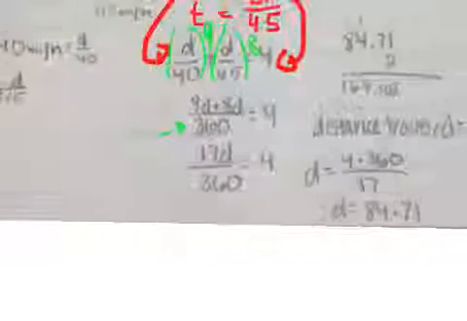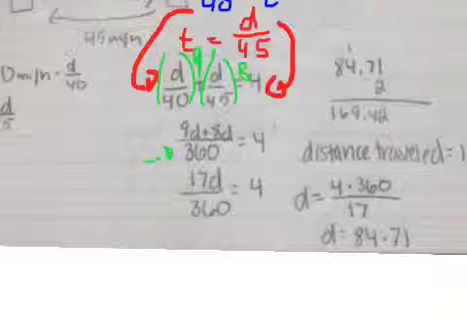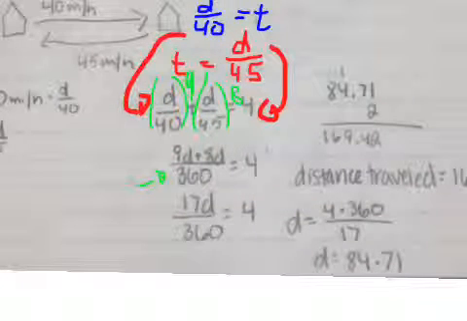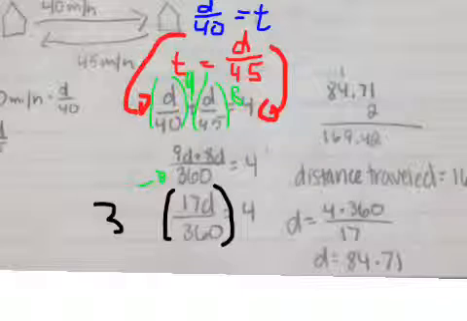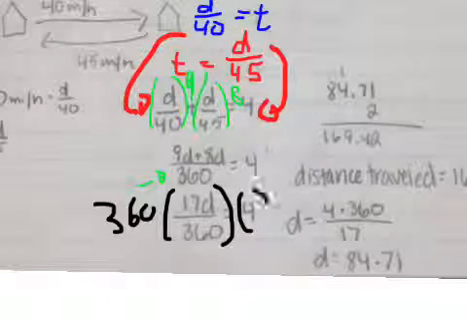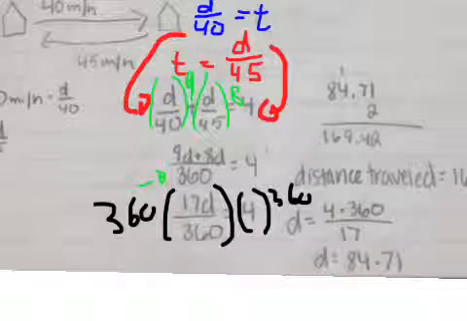Then she multiplied both sides by 360, which leads you here: 17d equals 4 times 360, and then you divide by 17, which brings you to this part.